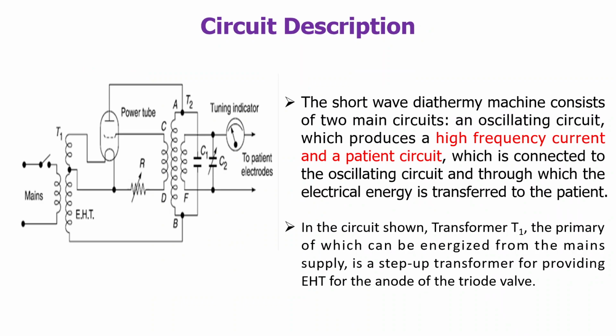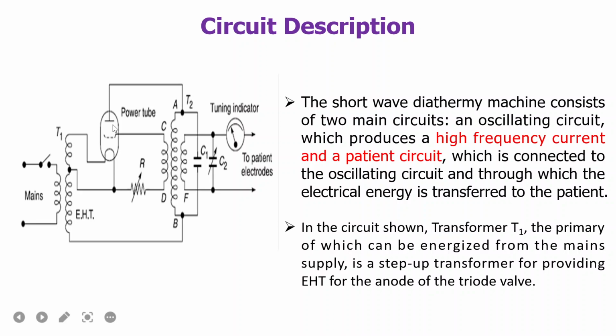See, this is the circuit diagram. In this circuit diagram we can see a transformer T1 and an oscillator. Here we have an LC oscillator arrangement, and also a triode. The primary of the transformer is connected to the mains, 30 volts, and the secondary of the transformer is connected to this oscillator circuit.